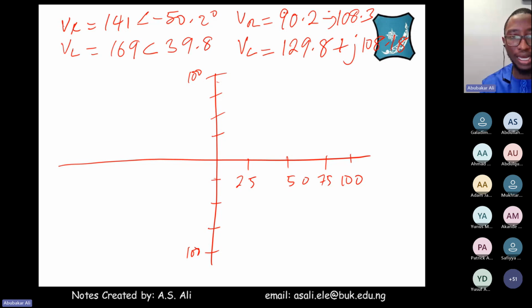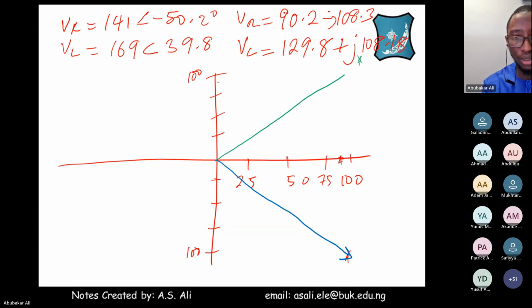Okay, so let's go for VR. 90.2 on the X and on the Y minus 108, which is around this place. So this is my VR. I will use a different color. Now let's also draw VL: 129, which is around this, and 108, which is around this place.